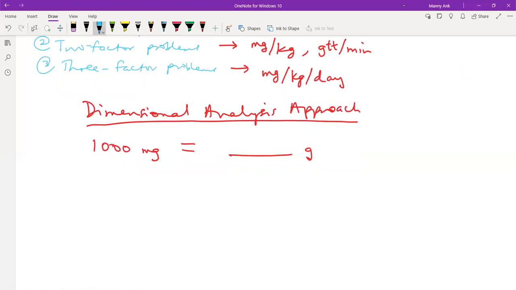So I'm going to write down the given, start with the given unit. Then you multiply the given unit by a series of conversion factors. So I can have a conversion factor here.